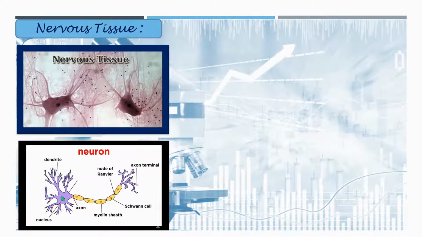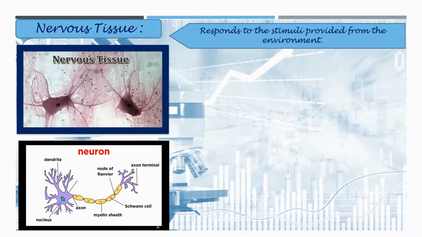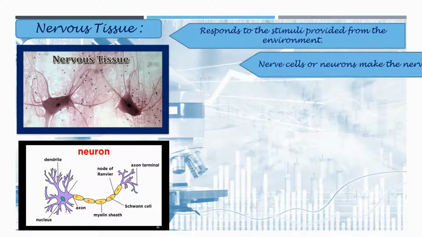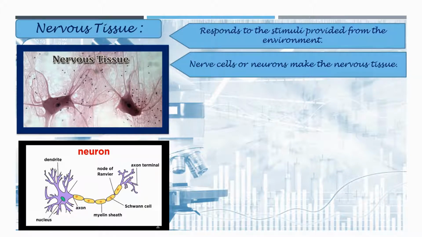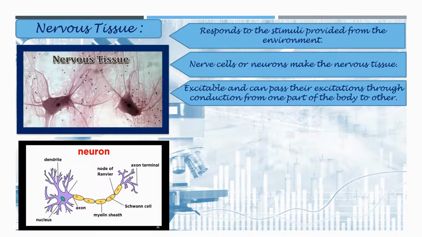Students, now let's learn about nervous tissue. Nervous tissue responds to the stimuli provided from the environment. Nerve cells or neurons make up the nervous tissue, and they are excitable and can pass their excitations through conduction from one part of the body to another.